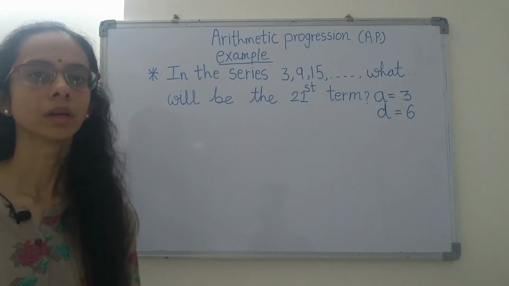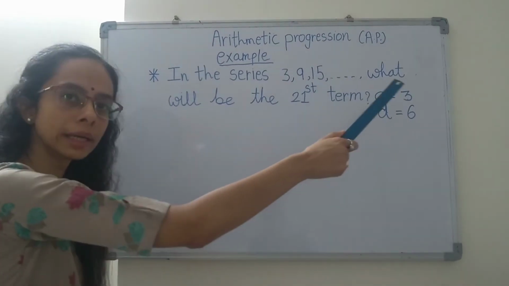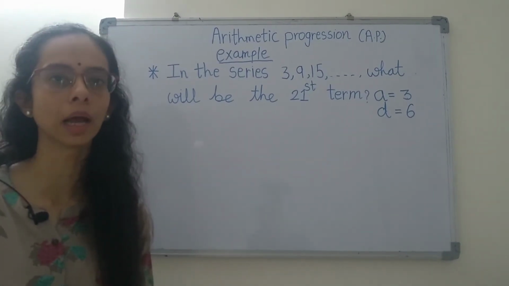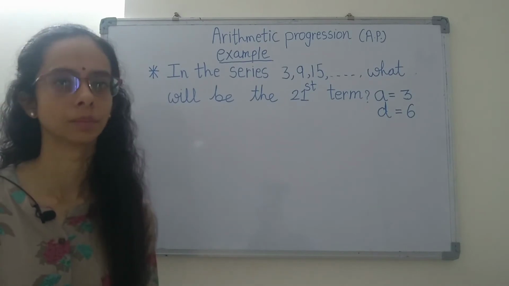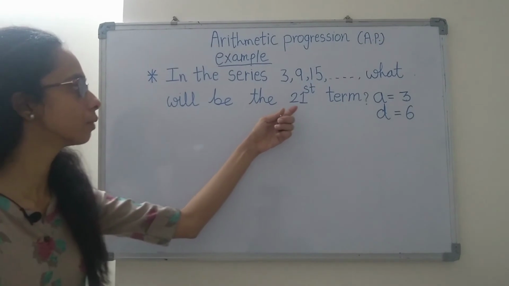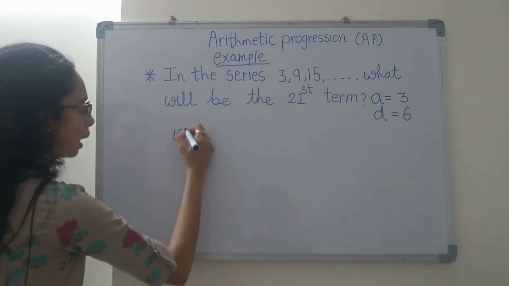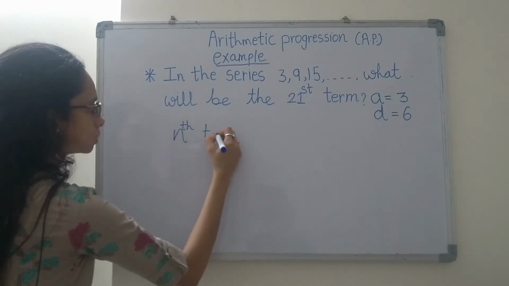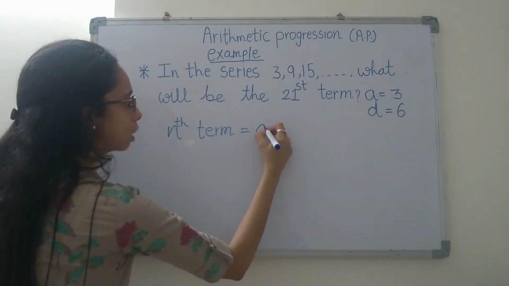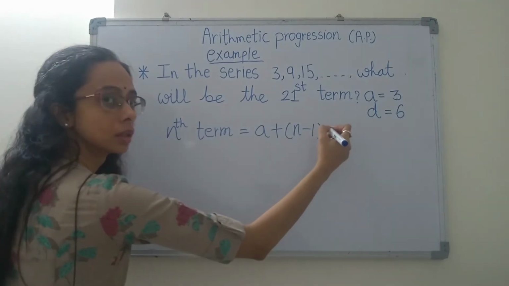So at that time we do not have to add 6 plus 6 plus 6 plus 6 so many times, but instead of that we have to apply the short formula to find out the nth term. Okay. So here instead of nth term we will write 21st term. So what is the formula? Nth term is equal to A plus n minus 1 into D.